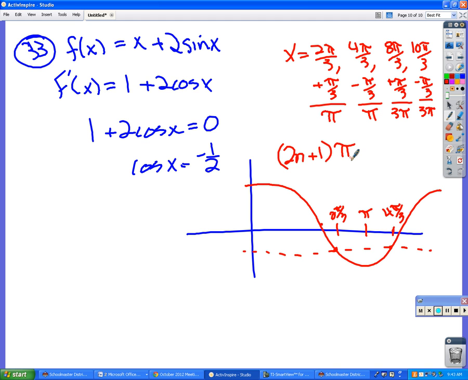But that's not what I want. I want these, so then I have to go plus or minus pi over 3. So if you take any integer value of n and plug it in, you'll get one of these guys right here. Okay?